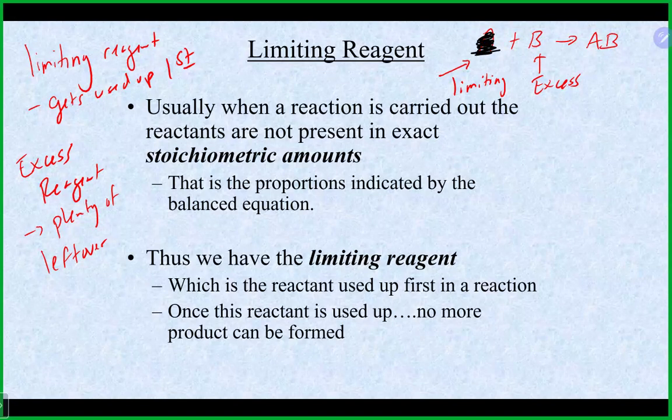So the importance of the limiting reagent is it is always the limiting reagent that determines how much product you can form or produce, because as soon as it gets used up, there's no possible way you can make any more product. Again, in this example, as soon as I run out of A, there's no way to put A and B together if I have no more A's, and I'm not going to be able to make product. So the limiting reagent is the important one.